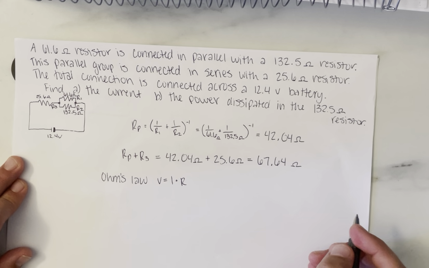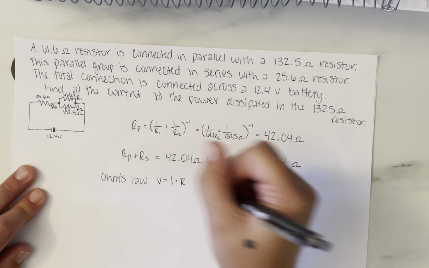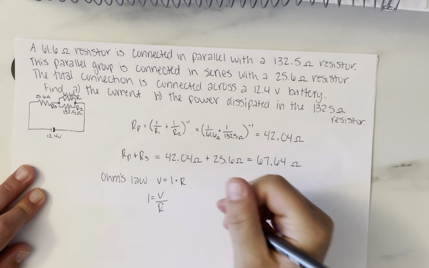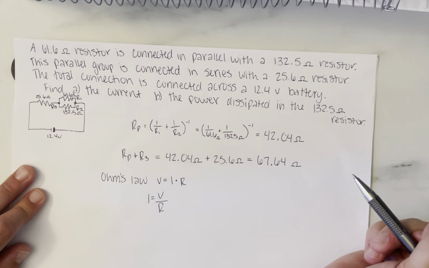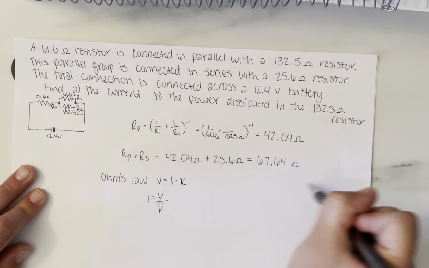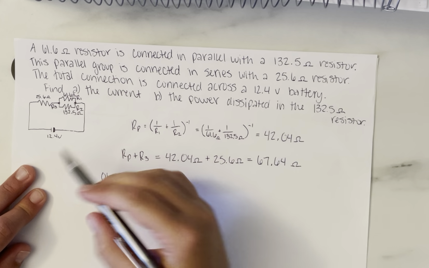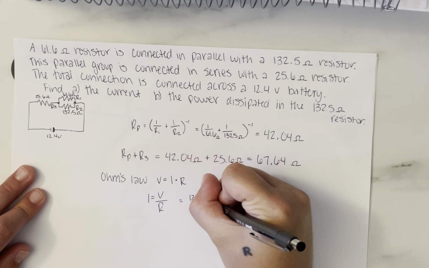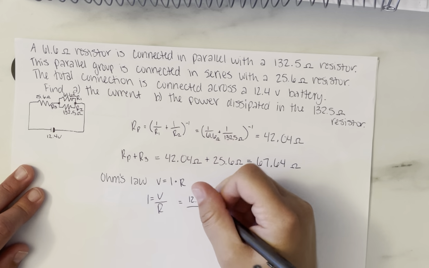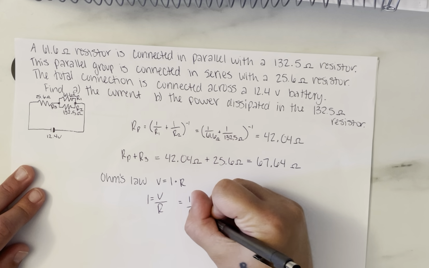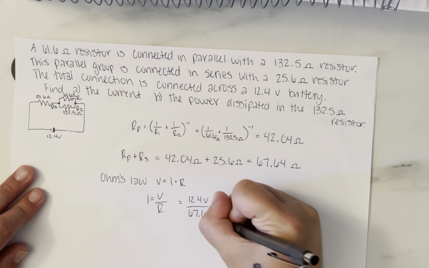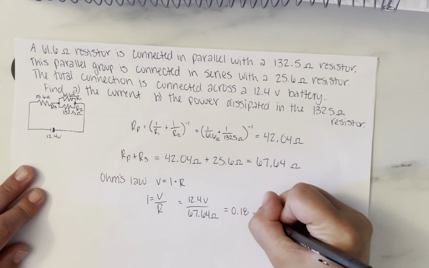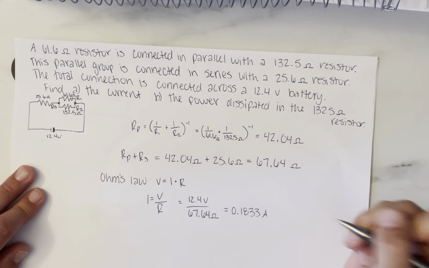From there we can rearrange this so that I equals V over R, plugging in our R total with our voltage. So we're going to get 12.4 volts over 67.64 ohms, and we're going to get about 0.1833, and that's going to be amps.